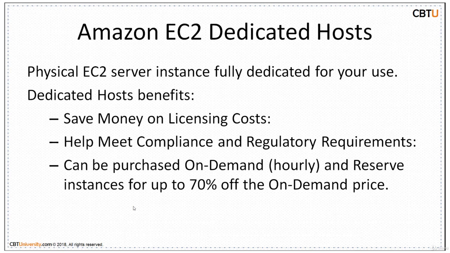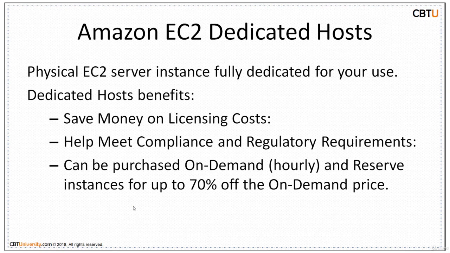Dedicated hosts allow you to use your existing software licenses, including Windows and Linux, and also help meet compliance requirements. Dedicated hosts can be purchased on demand, that is hourly. Reservations can provide up to 70% discount compared to on-demand pricing.